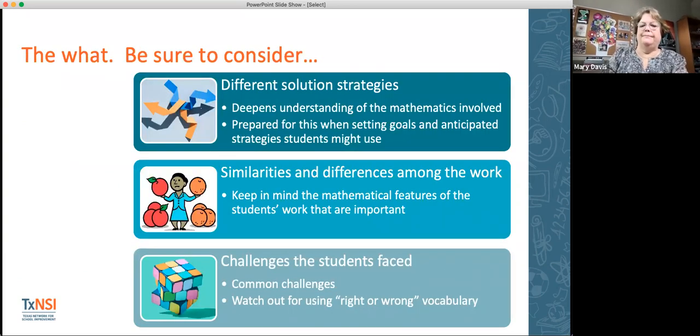The what. We need to be sure as we're picking work to share that we look and we consider different solution strategies. Now, we prepared ourselves for this when we set our goals and when we did the anticipate step.